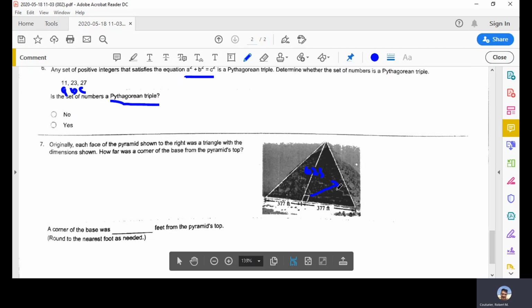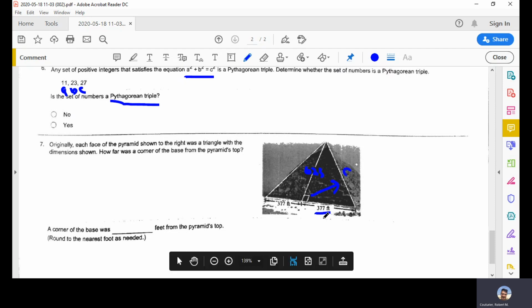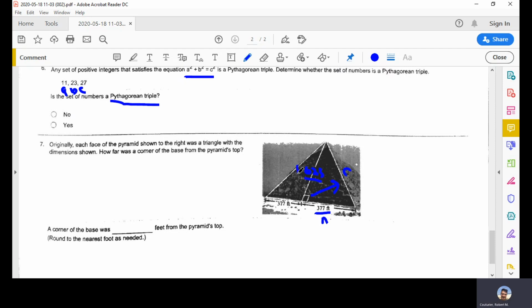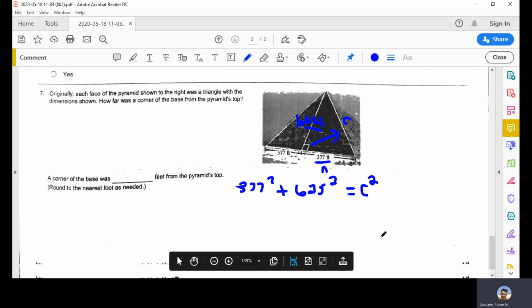So we want to know, well, what is this hypotenuse? This is C. This would be your A. And this would be your B. And you can set up your equation and solve. 377 squared plus 625 squared equals C squared.